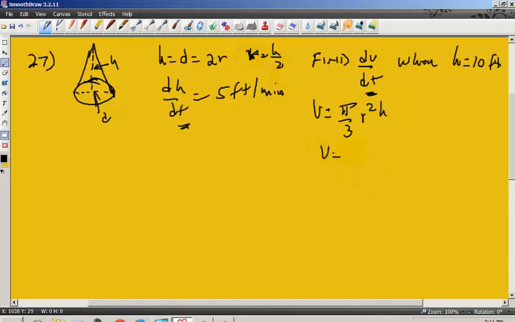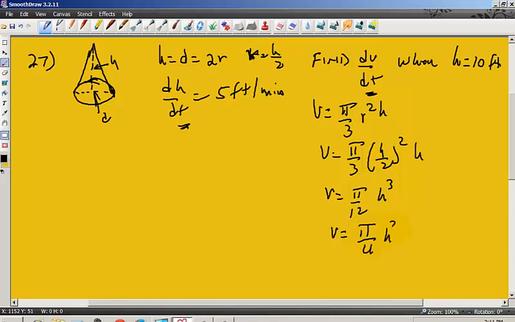So volume is equal to pi over 3 times h over 2 quantity squared times h, and volume is equal to pi over 12 h cubed. All right. There it is. That's the derivative, dv dt.